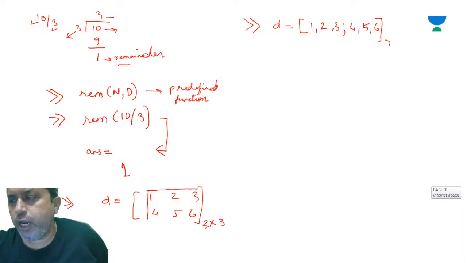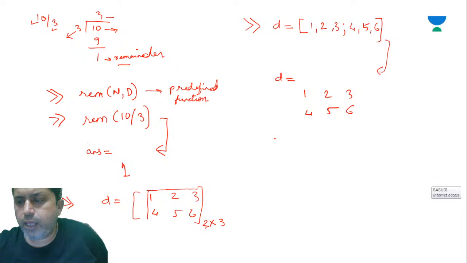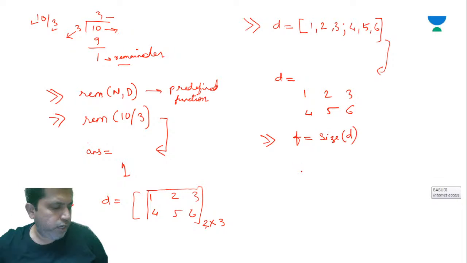Okay, if you hit enter, you will get D equal to 1 2 3 4 5 6 like this. Now I will use another predefined function, that is the size function. I will assign one variable, left hand side assignment, f is equal to size D. What will it return?